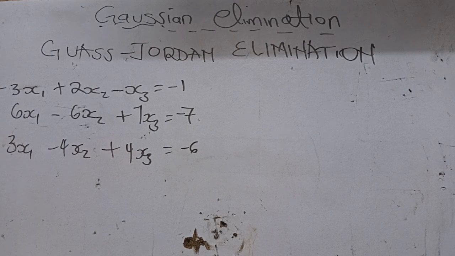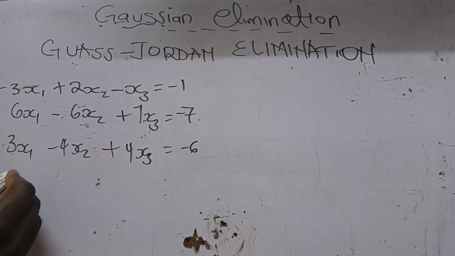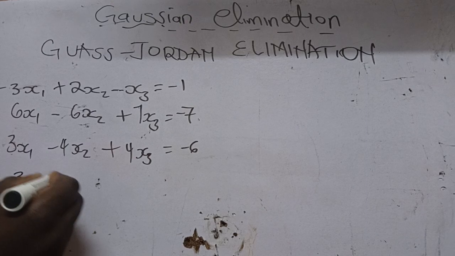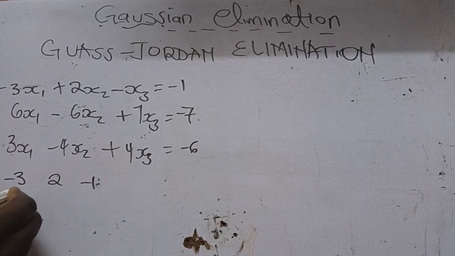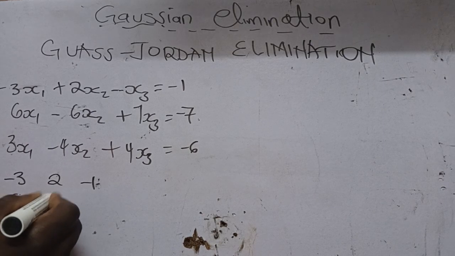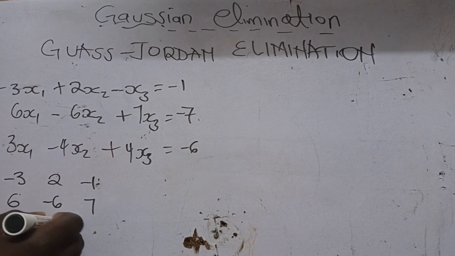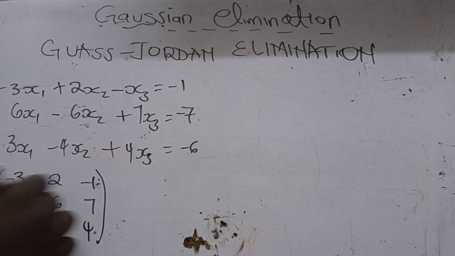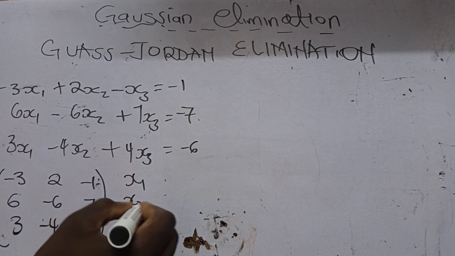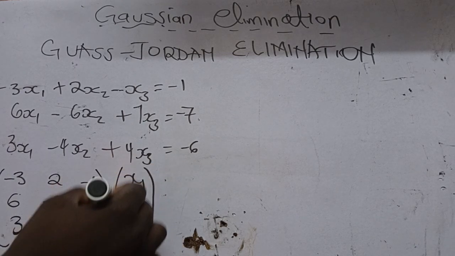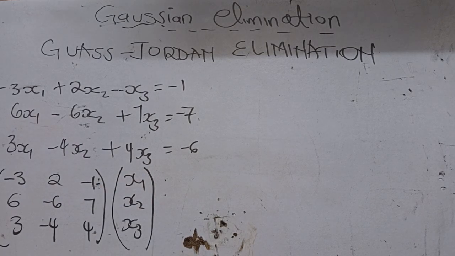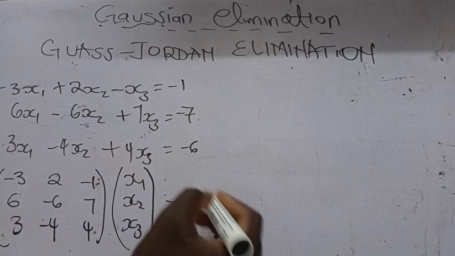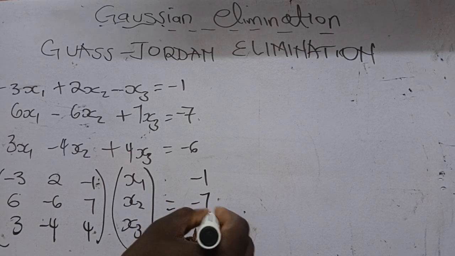So let us put our problem in this form. This is the same as negative 3, 2, negative 1, 6, negative 6, 7, 3, negative 4, 4, times x1, x2, x3 is equal to negative 1, negative 7, negative 6.